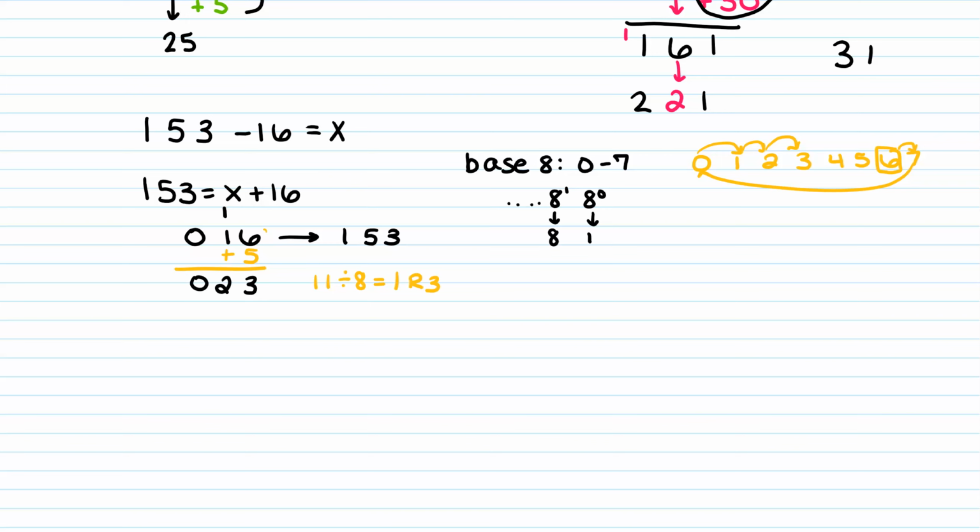So now I need to get the 2 to turn into a 5. So how many do I have to add? I have to add 3 more to get to 5, right? So I'm at 2. I need to get to 5. 1, 2, 3.